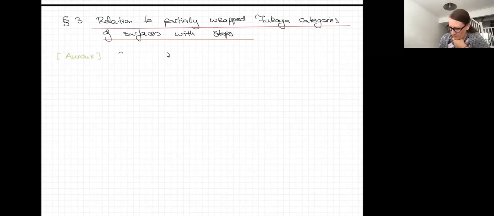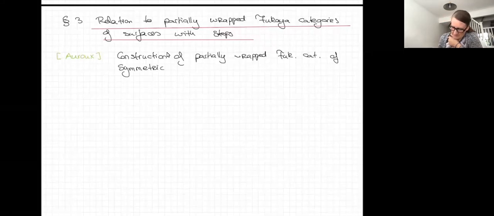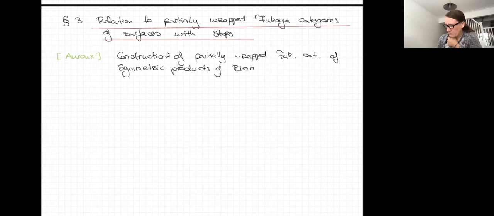Namely, he gave a construction of partially wrapped Fukaya categories of symmetric products of Riemann surfaces with stops.